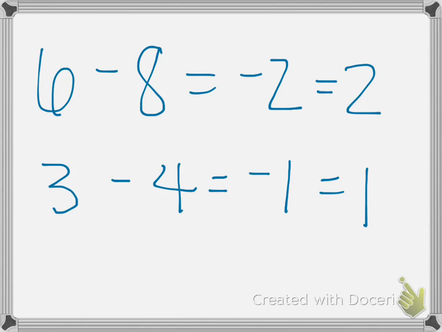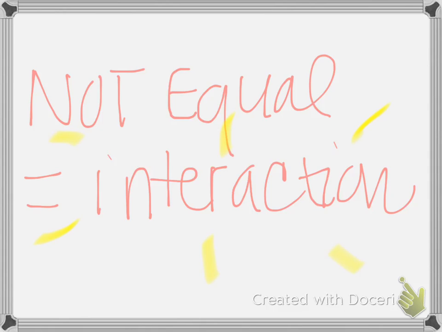As we did before, to get the interaction, you subtract row A2 from A1. So we're subtracting 6 minus 8 equals negative 2, and we can't have a negative in this equation, so you just make that a positive 2. 3 minus 4 equals negative 1, which makes it a positive 1. Therefore, it's not equal.